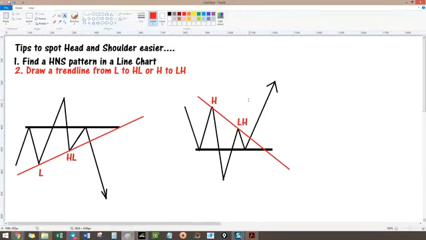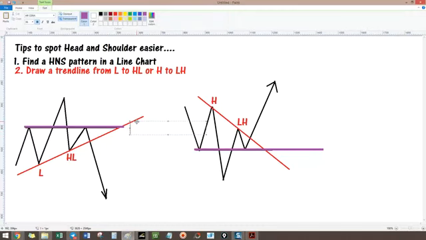Okay. And then number 3, let's do this in purple. This is the HNS level.